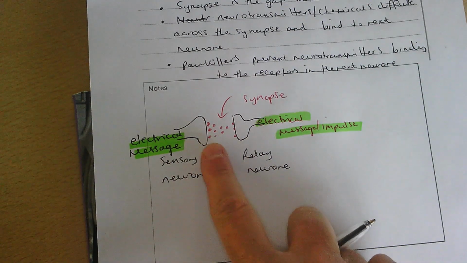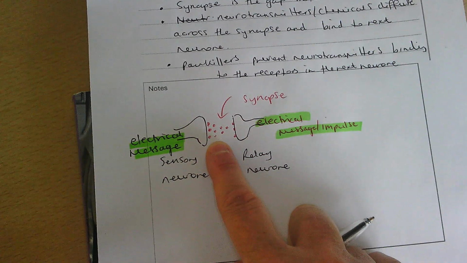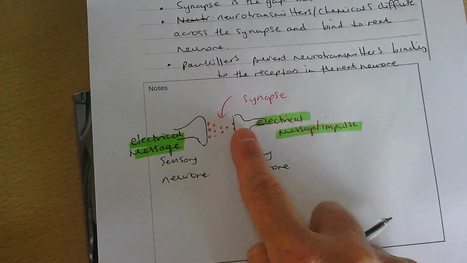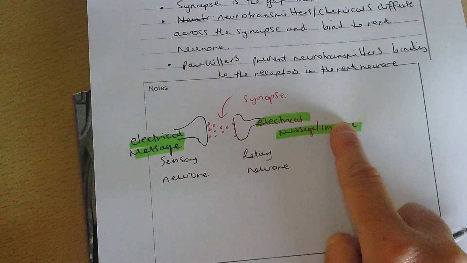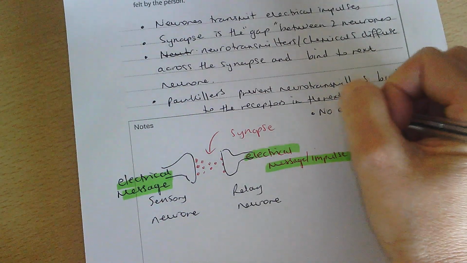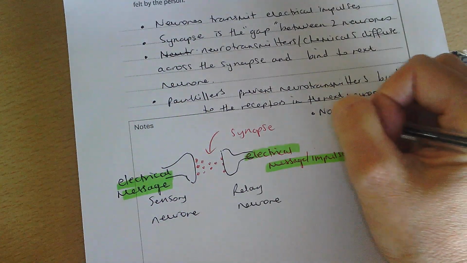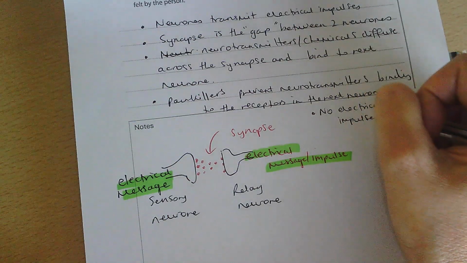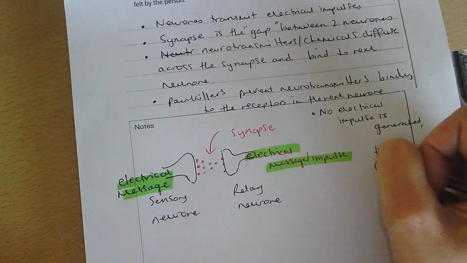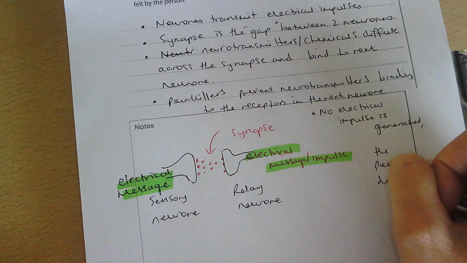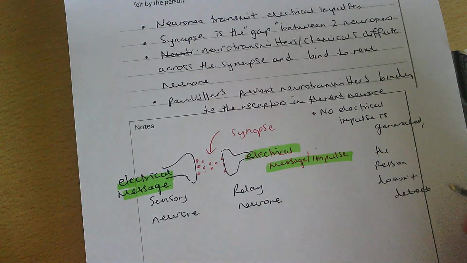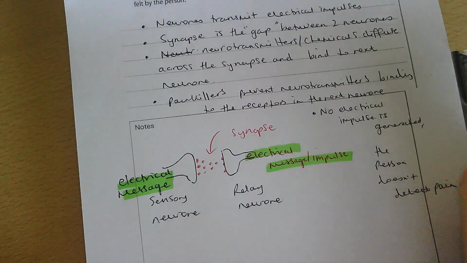So your aspirin, your paracetamol would stop these neurotransmitters actually binding here, so you don't generate an electrical impulse and the person doesn't feel pain. So no electrical impulse is generated. The person doesn't detect pain. I should have thought about how much room I needed here. Never mind, so the person doesn't detect pain.